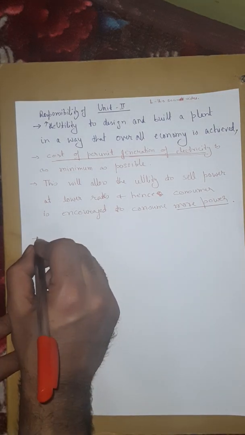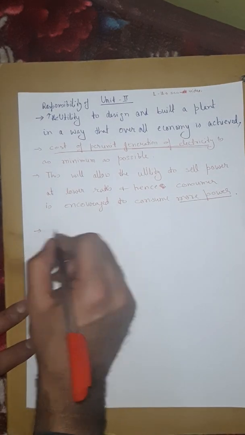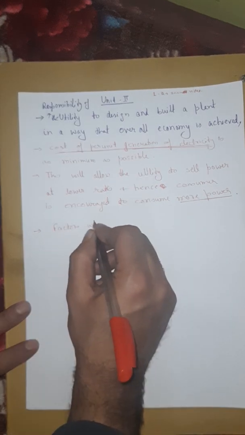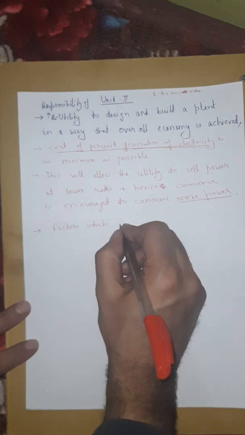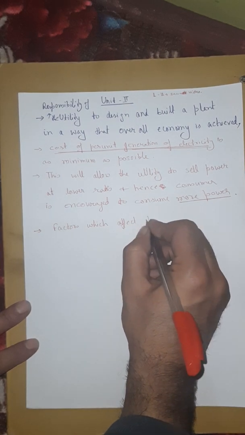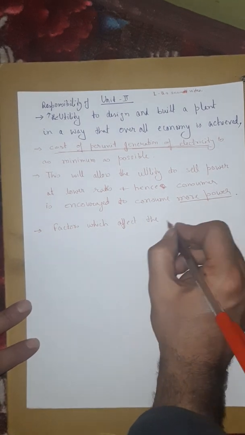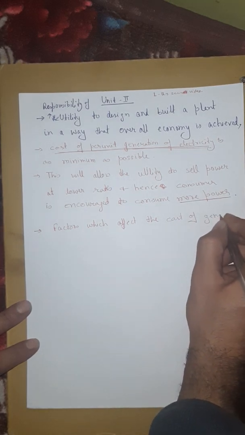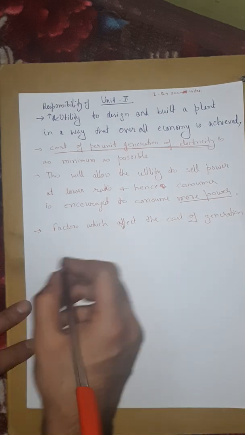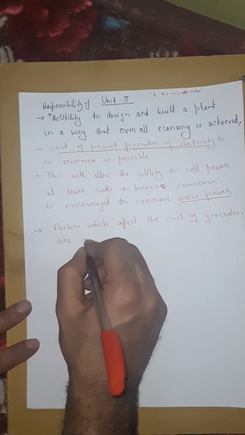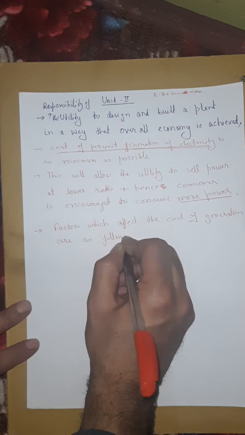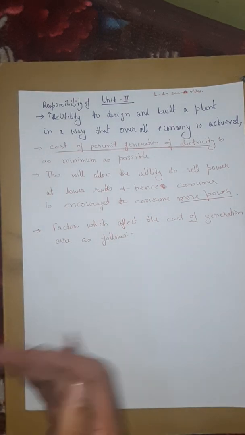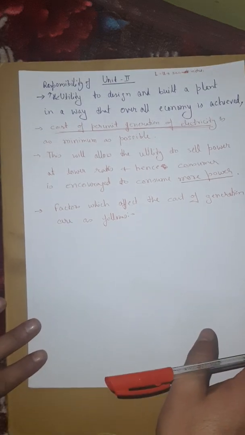I will write here the heading: factors which affect the cost of generation are as follows. There is not a single factor which decides the cost of generation. We have three or four factors which will ultimately decide the cost of generation.